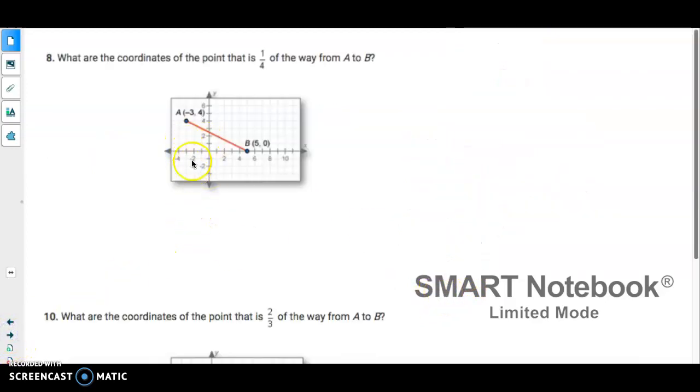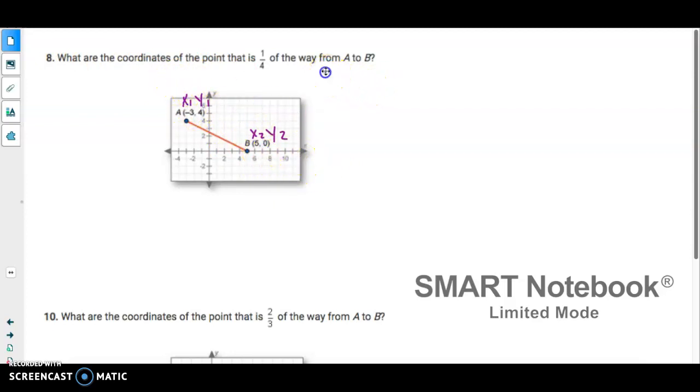The last type of problem that you're going to see is where it's not in a horizontal line. That means the x's and the y's are both different. So you're still going to label it the same, x1, y1, x2, y2. We are just going to combine the formulas. So we're going to have to find the x value and the y value.